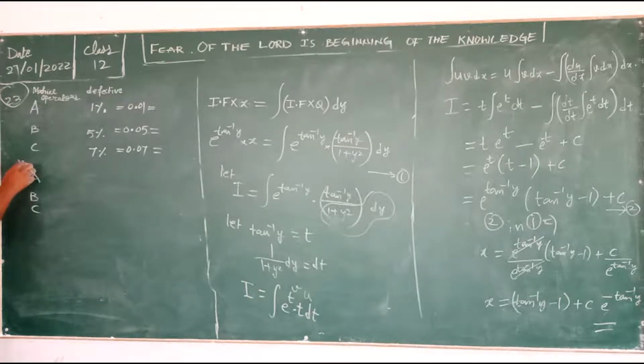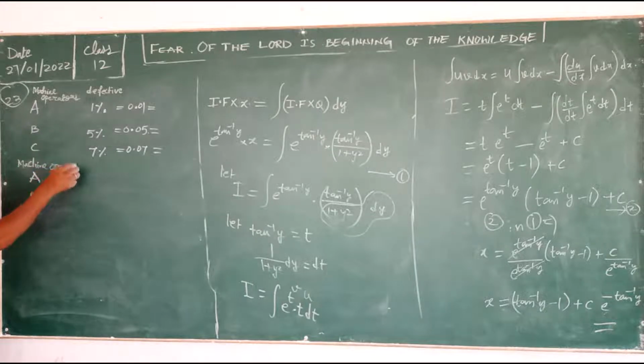So machine operator, and then A is on the job 50% of the time, and B is on the job 30% of the time. C is on the job 20% of the time.